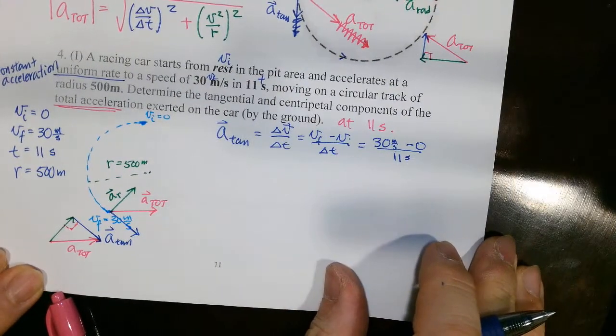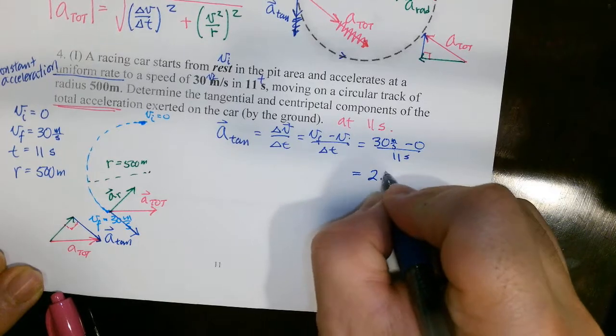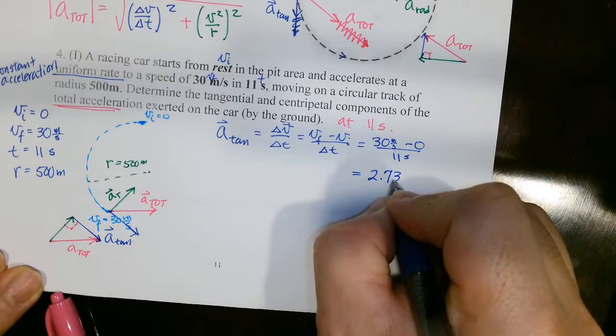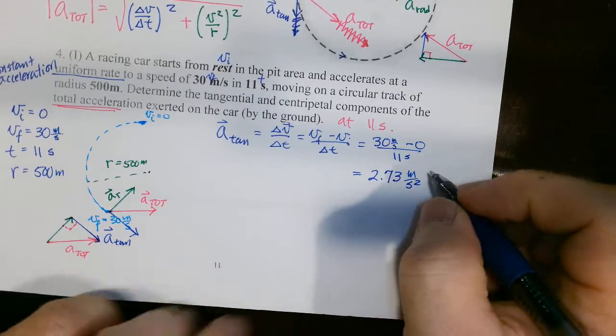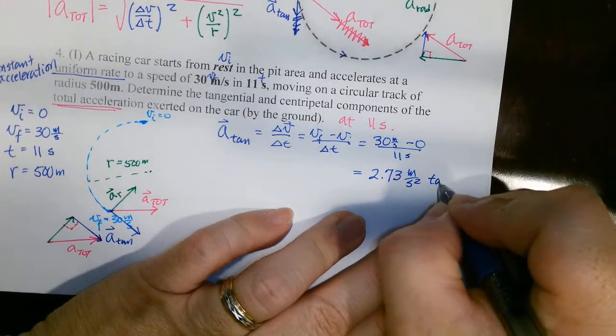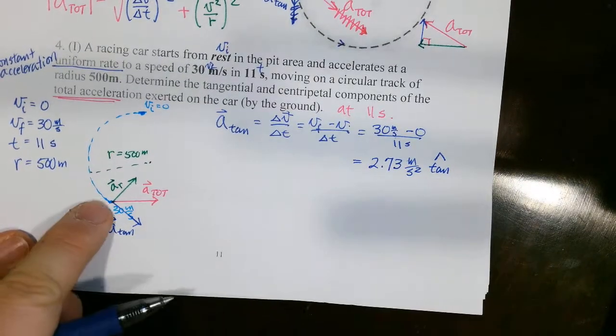If you work that out, you're going to get 2.73 meters per second squared. Now here, this is the tan hat, the tangential hat, the unit vector in the tangential direction.